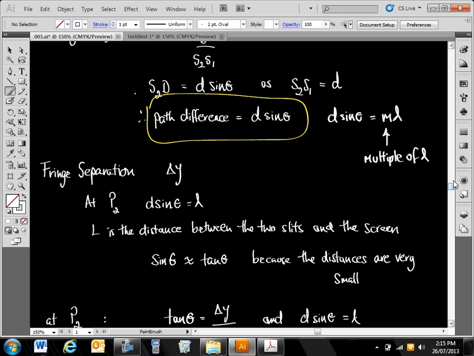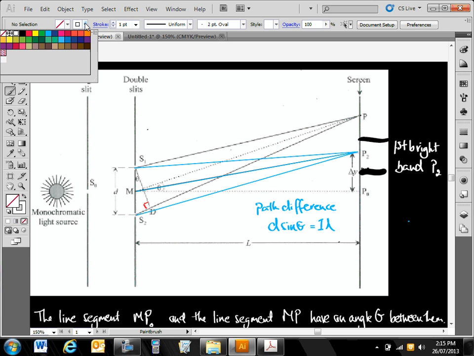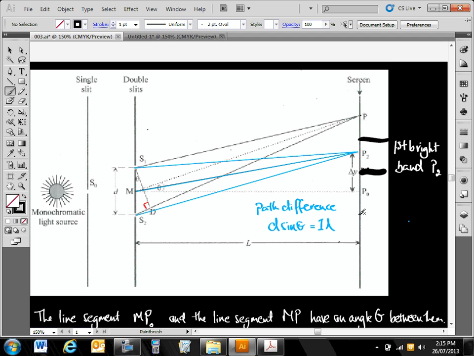And one thing I wanted to make certain you understood also is that the distance to P2 from P0 is exactly the same as the distance from P2 on this side to P0. This bright fringe, or this point, we're calling point 2, the first bright fringe, is the same distance on the other side of the central maximum as this bright fringe here.